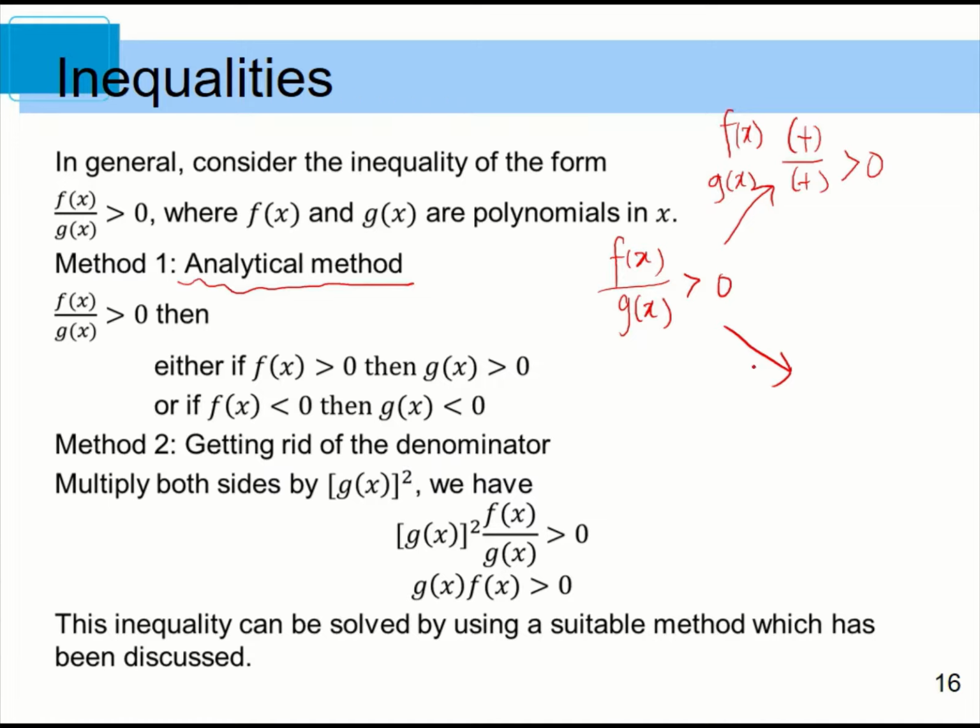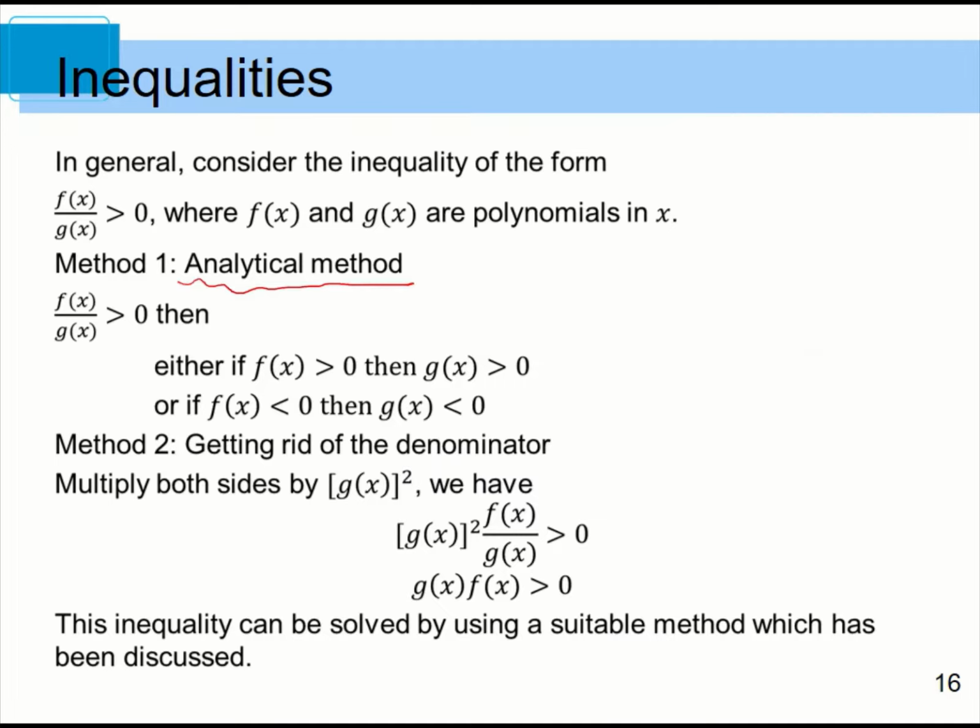Another situation is when f(x) is negative and g(x) is negative, we will also get a positive answer. Therefore, we can use this assumption, to assume the functions are positive or negative and find the value of x respectively.